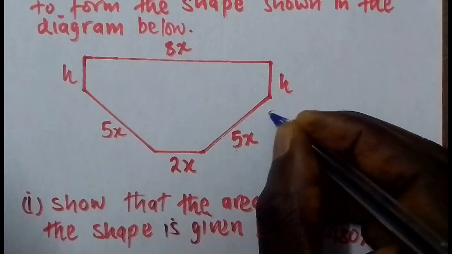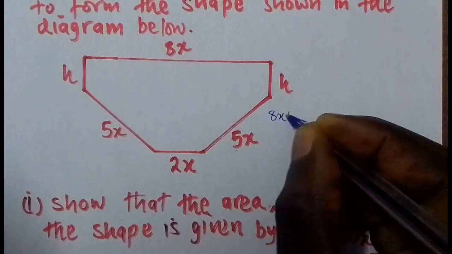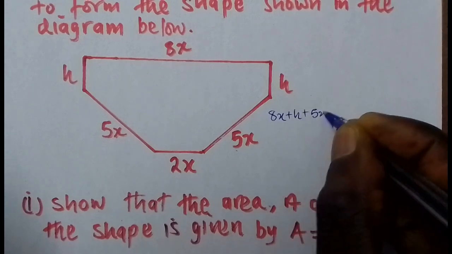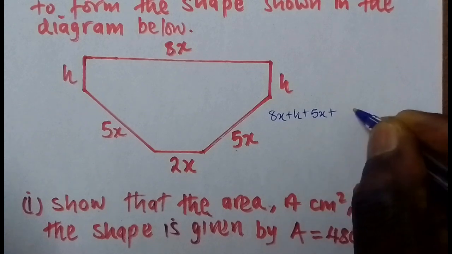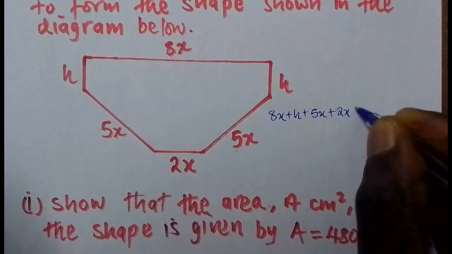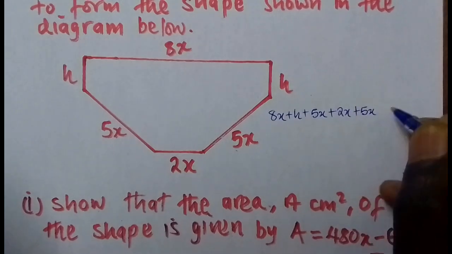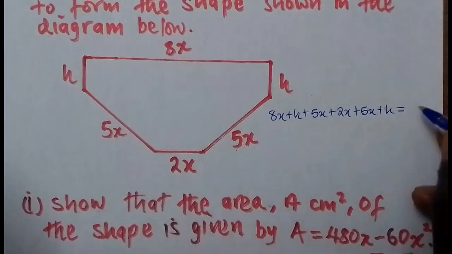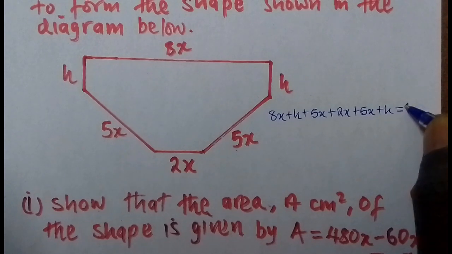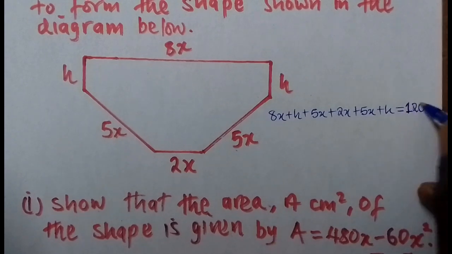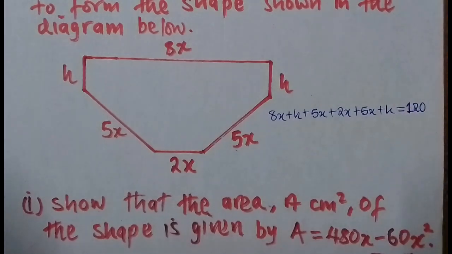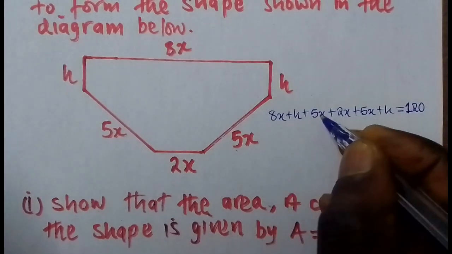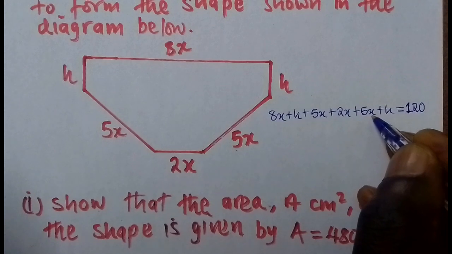So this is 8x plus h plus 5x plus 2x plus 5x plus h. All this equal to 120. And then to add like terms, here we've got 8x, 5x, 2x, 5x.